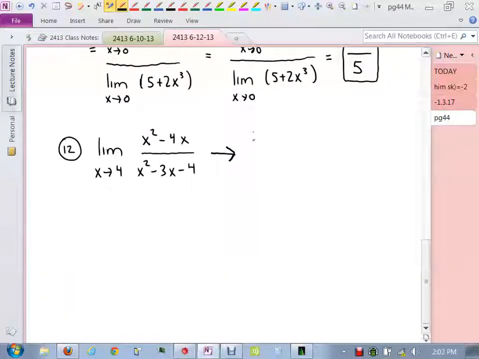So I get, in the top left corner, 4 squared is 16, minus 4 times 4, which is 16, over 4 squared is 16, minus 3 times 4 is 12, minus 4. Is that correct? So what do you get? 0 on top divided by 0 on the bottom.